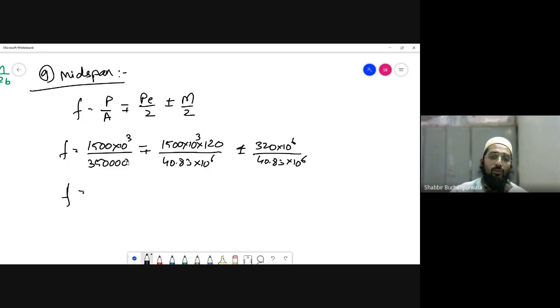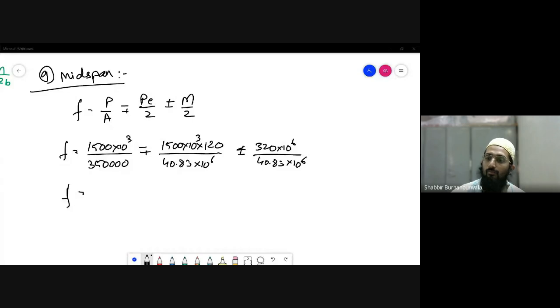Can you give me the value for the first component, first part over here? 1500 into 10 raised to 3 divided by 350,000. 4.2857.